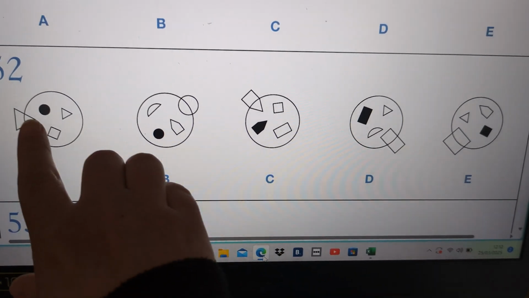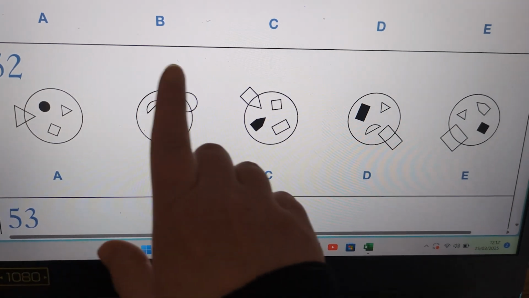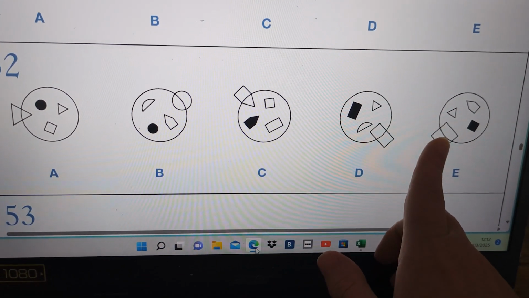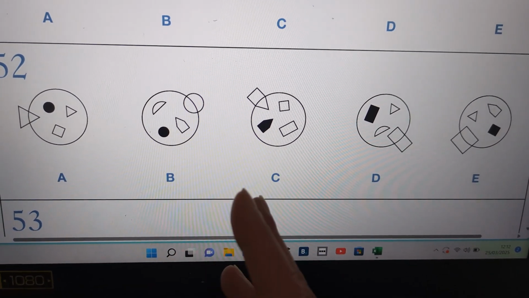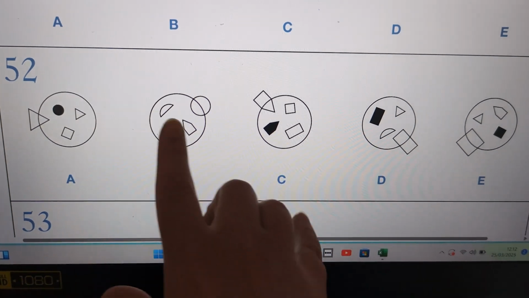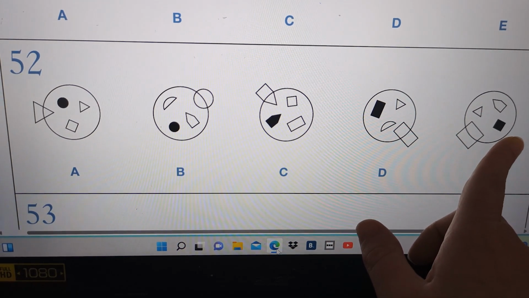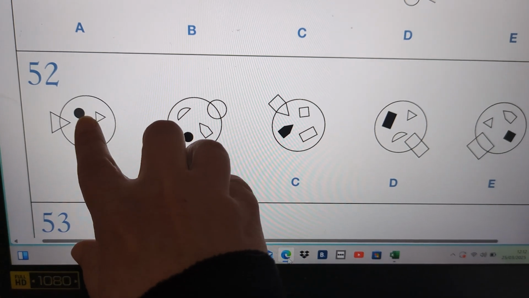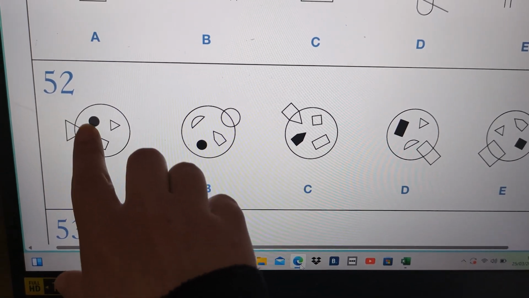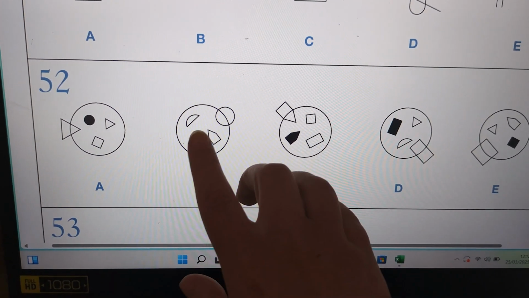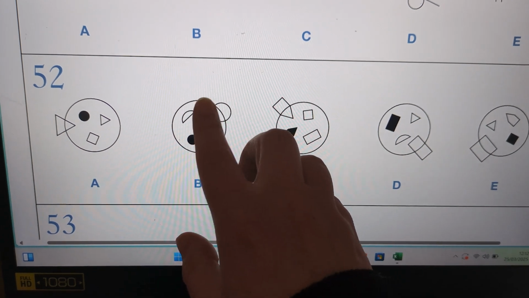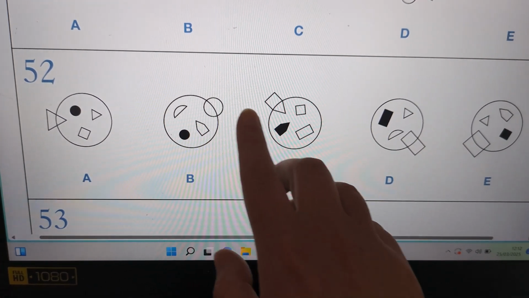But I have noticed that there's a shape sort of half sticking out of the big circle. So I'm going to see if that has any relevance, because I've also noticed that each one has got a black shape in it as well. So we've got a black circle, but the triangle sticking out. We've got a black circle and the circle sticking out.